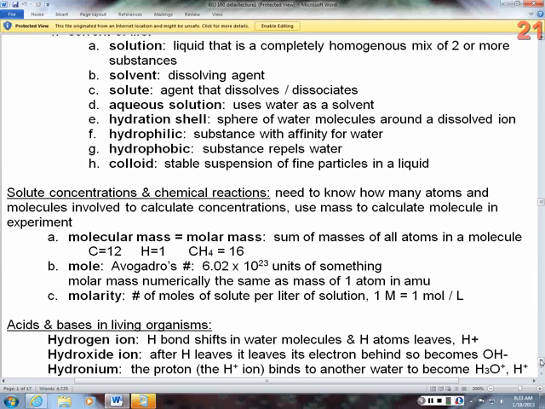Just like when you say you have a dozen of something, you know that means 12. When we say we have a mole of something, we mean we have 6.02 times 10 to the 23rd of something. A whole lot more of it. So if you said, okay, for this recipe you need a dozen eggs, if you're going to make a triple batch of that recipe, you need 3 dozen eggs.